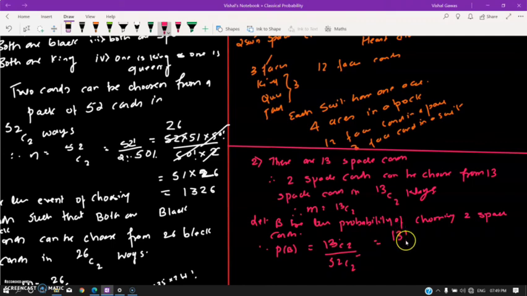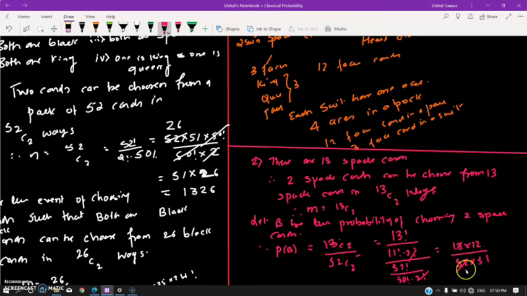This is nothing but 13 factorial over 11 factorial into 2 factorial, over 52 factorial over 50 factorial into 2 factorial. This gets cancelled. It will be 13 into 12 upon 52 into 51.